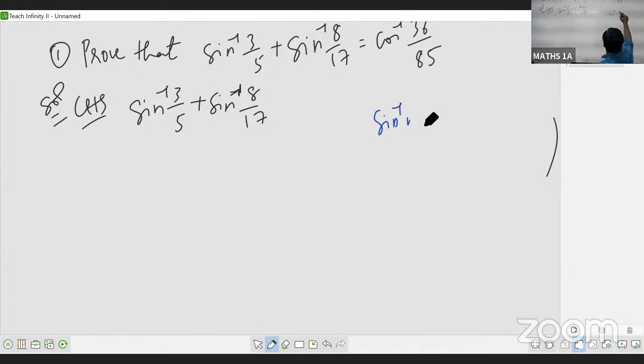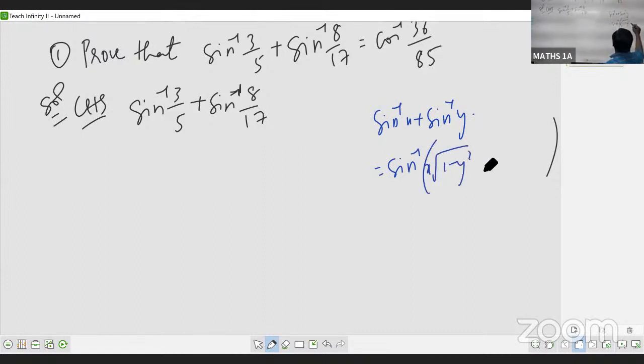Sine inverse x plus sine inverse y in terms of sine inverse is x into under root of 1 minus y square plus y into under root of 1 minus x square.